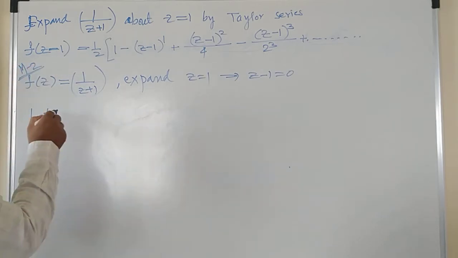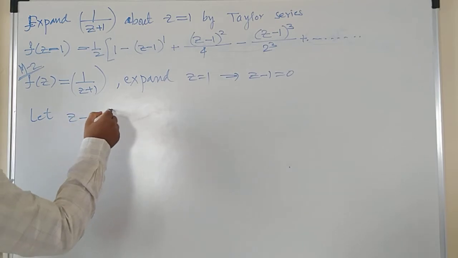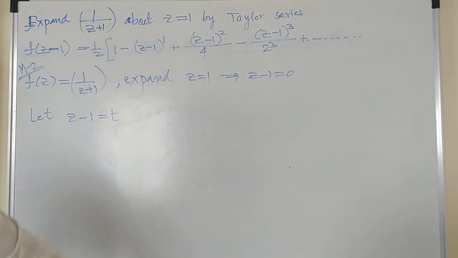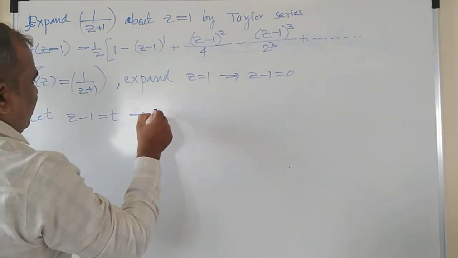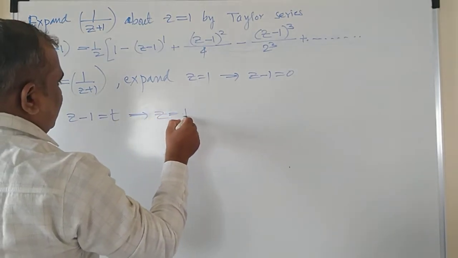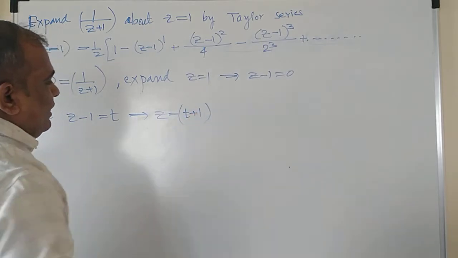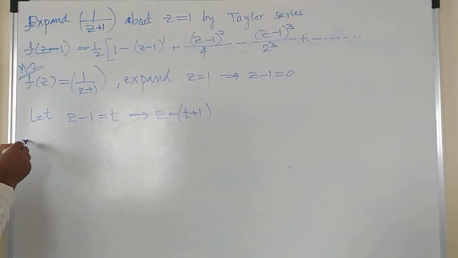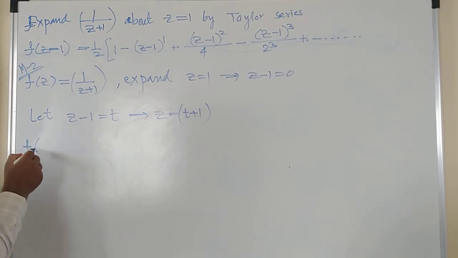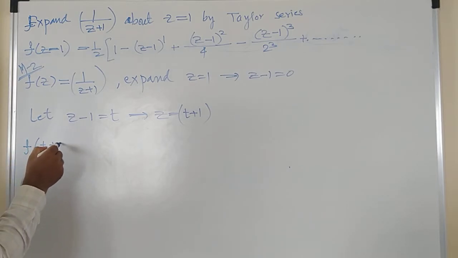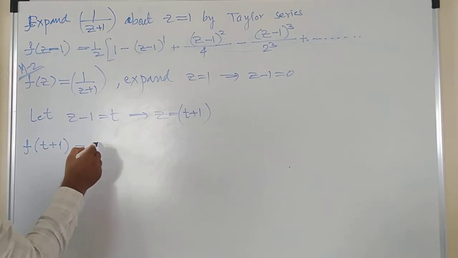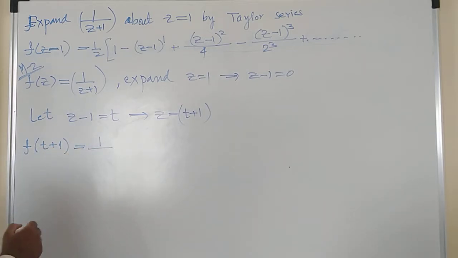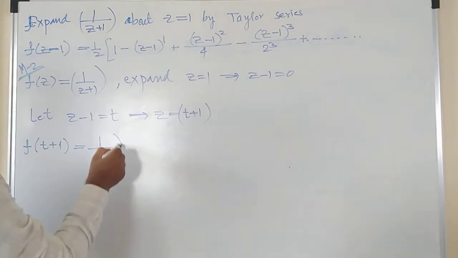So let us say this z minus 1 is equal to t, fine, and therefore this gives you the value for z is equal to t plus 1. Now put z equals t plus 1 in the given function, and therefore your original function f of z will change to f of t plus 1, and this will be equal to 1 upon t plus 2, right?